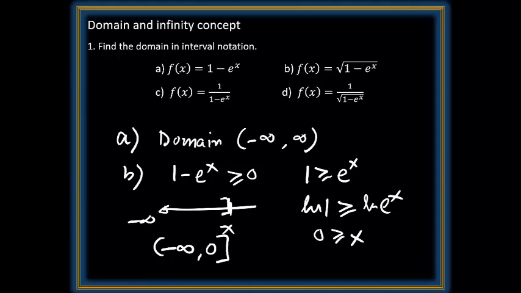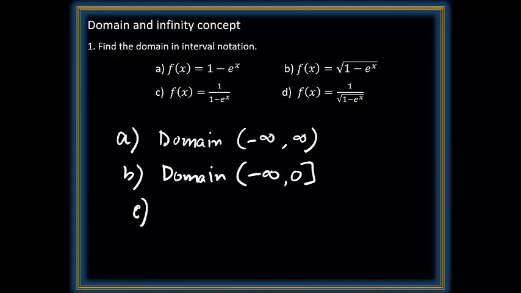Alright. So you can use the same concept when we go to C. You have in the denominator 1 minus e to the x. So in the domain, 1 minus e to the x must not be 0. So again, you can say that 1 should not be e to the x.